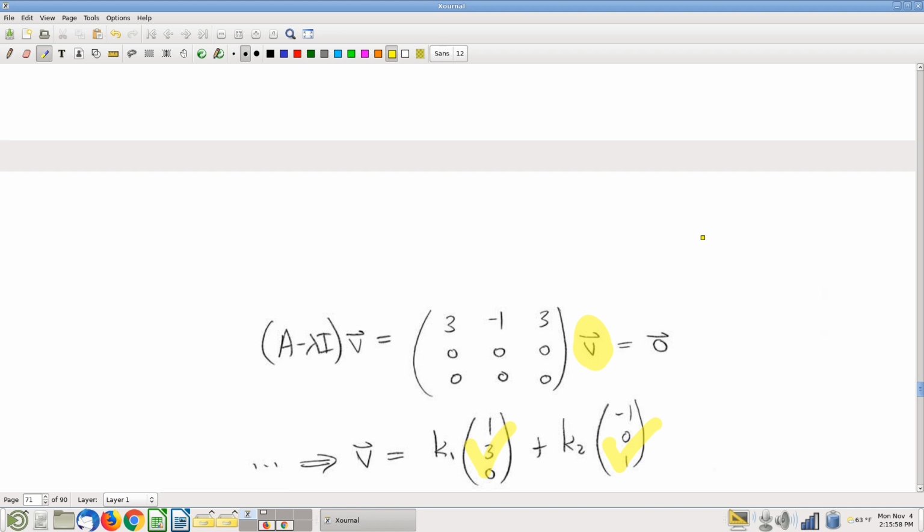So I see the 3 and the negative 1, and I think, hey, how about I multiply this one by 1, this one by 3, right? And then, let's see, how else can I conveniently get these numbers to add up to 0, right? Well, okay, so I see the 3 and the 3. I put 1 here and a negative 1 there. So you're looking for an easy foot in the door.